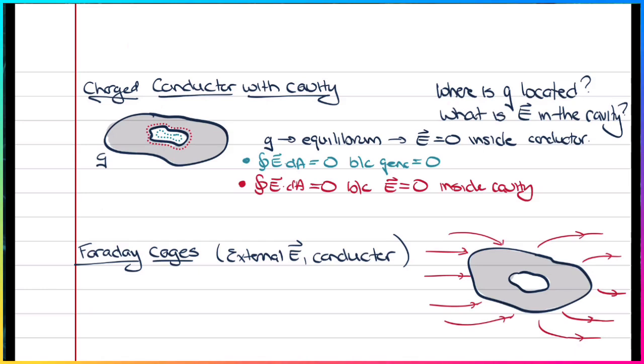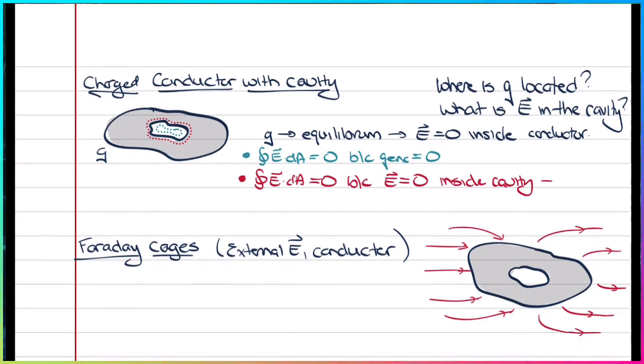So it seems that if I'm just on the inside of the cavity, then by Gauss's law the enclosed charge is 0. So just inside the cavity, there's no net charge. Just on the other side of the cavity, inside the conductor, there's no net charge.